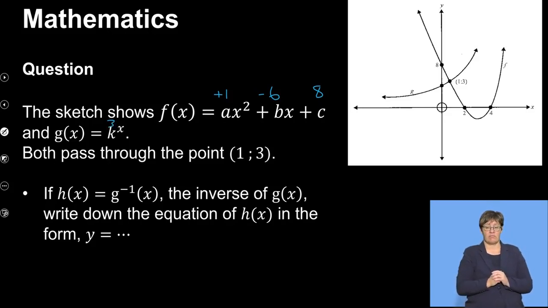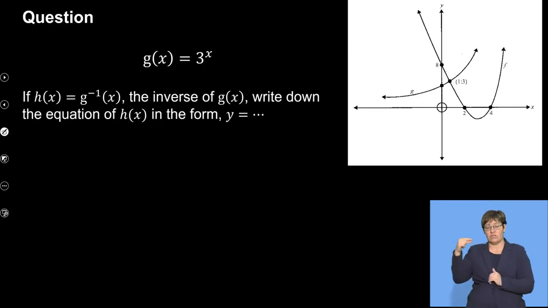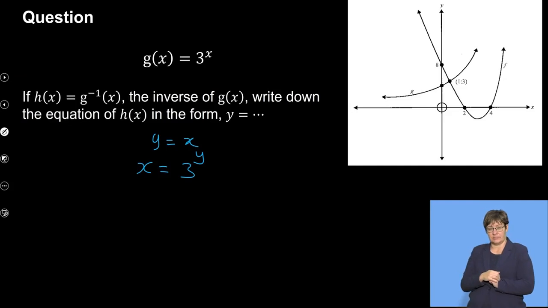Now, if h of x is equal to the inverse of g of x, we need to write down this equation, right? h of x is the inverse of g of x. Just remember, to actually go about doing this, you need to interchange. So y equals x, and this becomes x equals 3 to the exponent of y, and then remember to label your points.